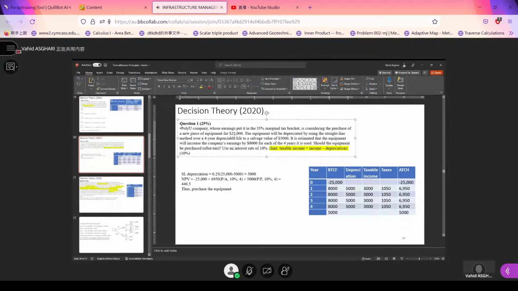The equipment will be depreciated by using the straight line method over a 4-year depreciable life to a salvage value of $5,000. It is estimated that the equipment will increase the company's earnings by $8,000 for each of the 4 years it is used. Should the equipment be purchased after tax, use an interest rate of 10%.